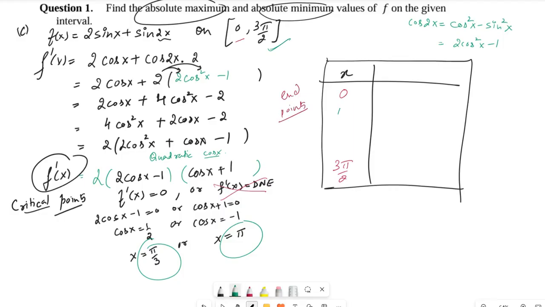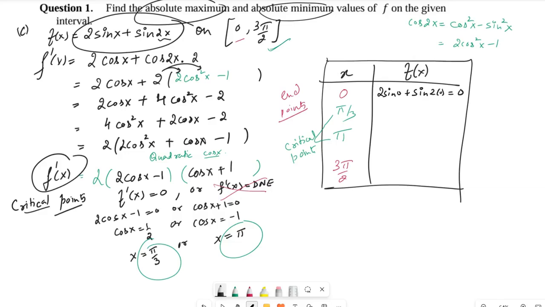Where are the critical points? Pi by 3 and pi. These are critical points. Whose value do you need to find? Of the function. So function is here. Let's put 0 in there: 2 sine 0 plus sine 2 times 0 will be 0.